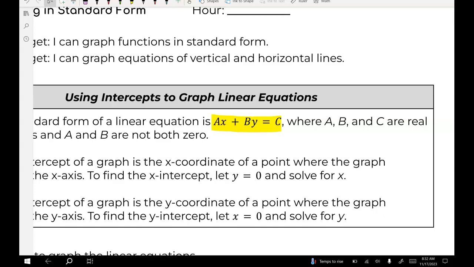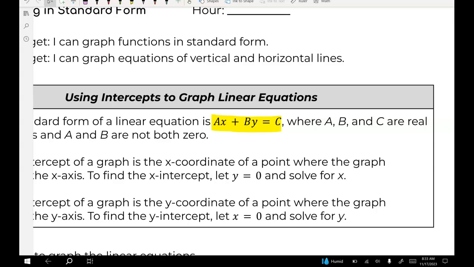And what we're going to do with this is graph what we call our x and y intercepts. So I'm going to do this up on the whiteboard here. I think it's easier to see. So we have a plane. Like when you fly, you call this a coordinate plane. This is our x-axis. This is our y-axis.